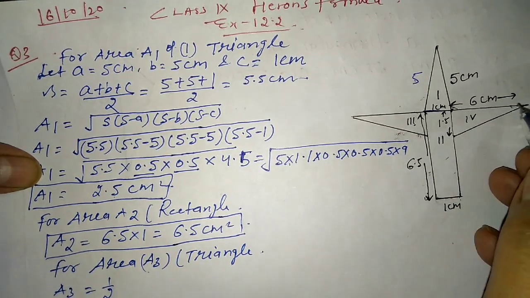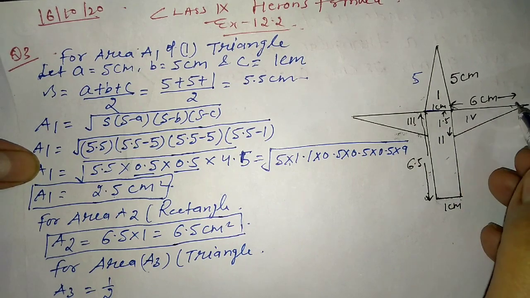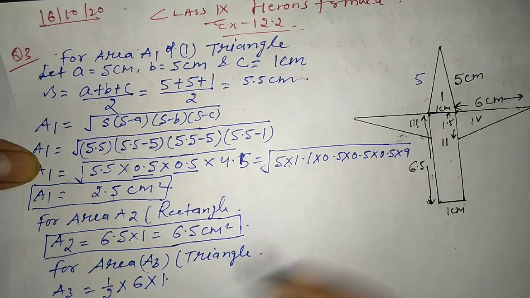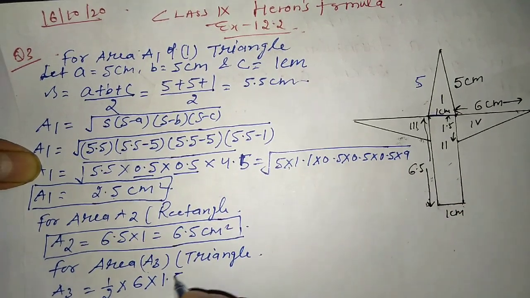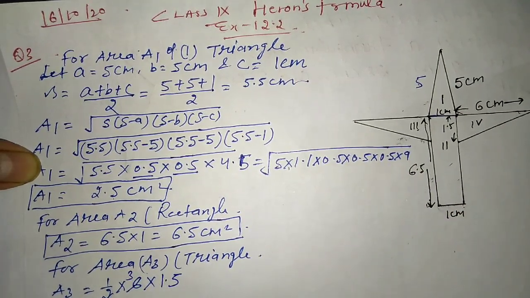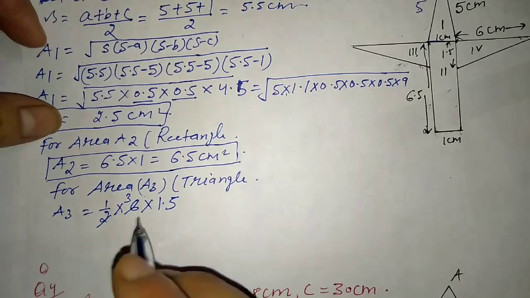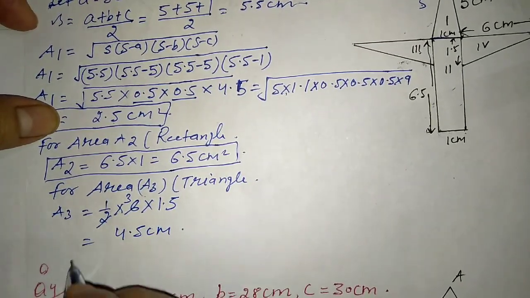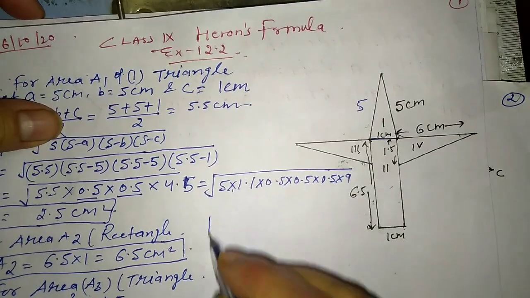This side is 6 centimeter, and this one is 1.5. So this can be cut, and we have here 4.5 centimeter square.